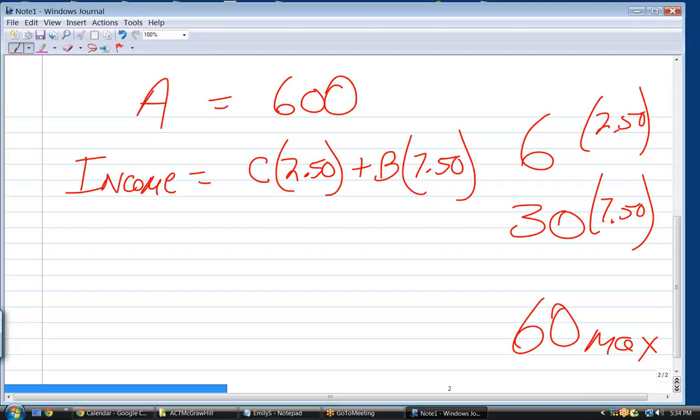And we also know that the total square footage of the parking lot is 600.